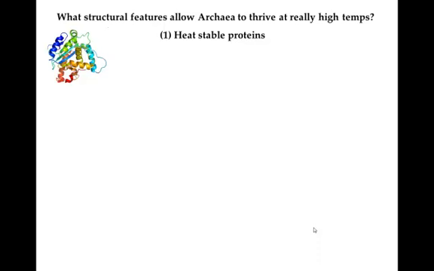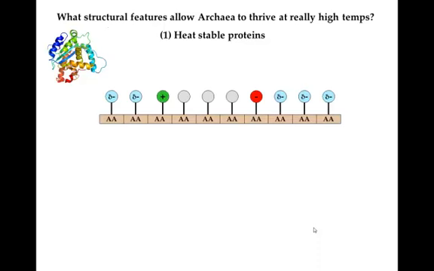If you were to consider the generalized schematic of what an archaeal protein looks like, it would be something like this. So imagine here that these are all amino acids that are strung together. AA represents amino acid. And these lollipop type structures that are sticking up from the surface, these represent the side chains.